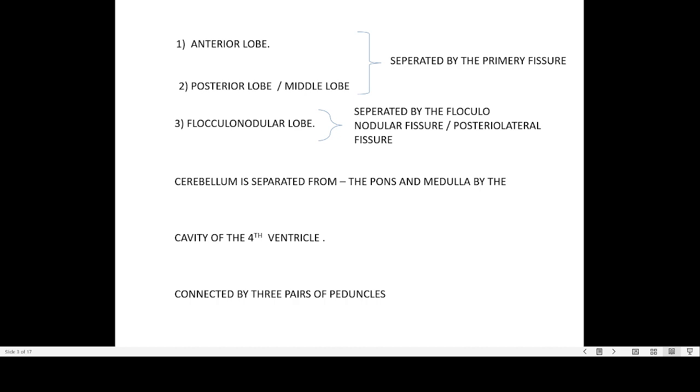The flocculonodular lobe is separated by the flocculonodular fissure, also called the posterolateral fissure.